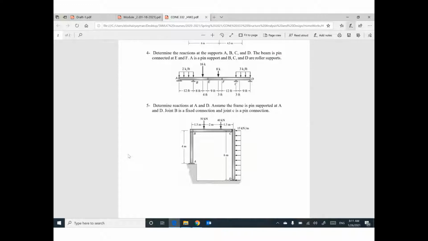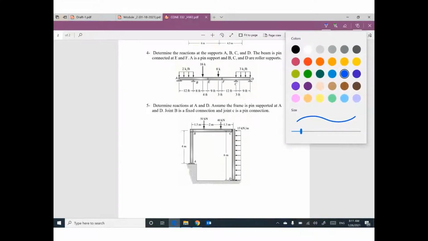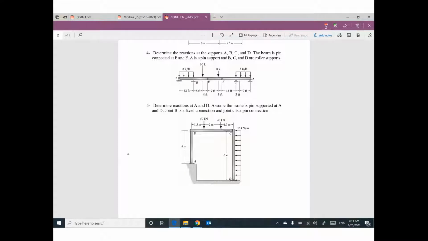And I told you that if you have something called pin connection, like this one, we have pin connection at F, and we have another pin connection at E.